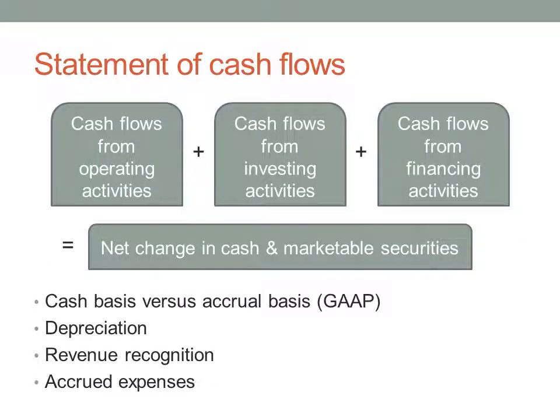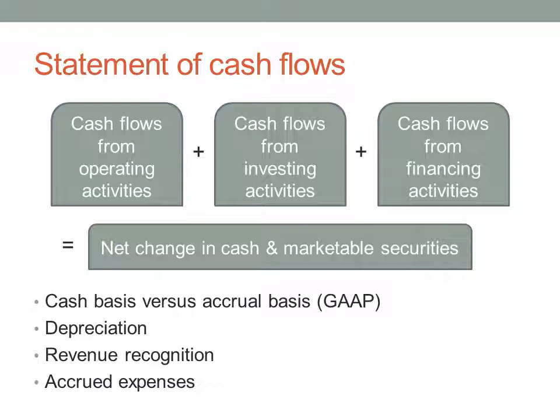Statement of cash flows, we see, is a little more complicated, just because the accountants make things tough for us. And like I said, I joke a lot because that's my background as well, my initial background before finance. But we have to produce what's called a cash flow statement, because the accountants make us record things like depreciation, for example, due to what's called the accrual basis, and that's required by GAAP, or generally accepted accounting principles.